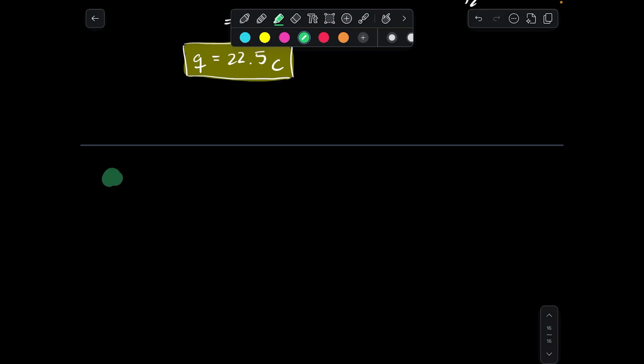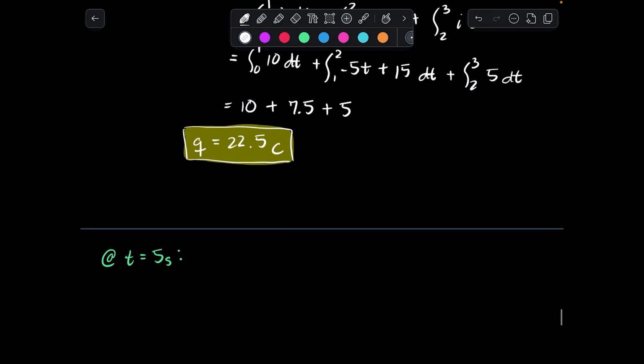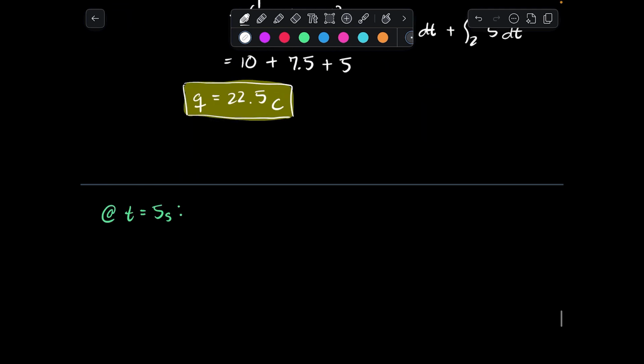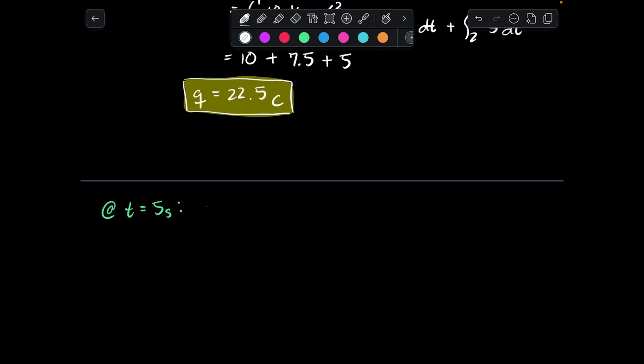Now let's look at our last interval here, from 5 seconds, our last time. And we'll just do something very similar to what we've been doing. Integral from 0 to 1 of the current plus 1 to 2 of the current plus integral from 2 to 4 of the current.